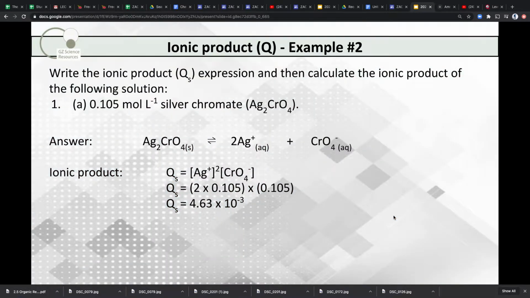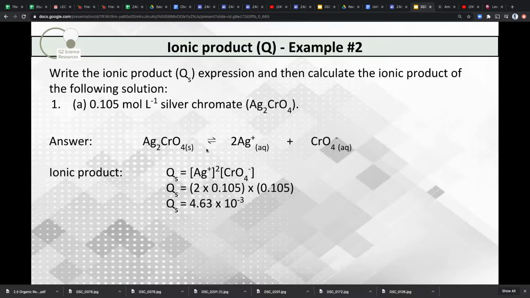Here's another problem. This isn't a 1-to-1 ratio problem. We have silver chromate, and we know the concentration of silver chromate, but we need to think about how the concentrations of the ions change compared to that of the ionic compound. If this is the concentration of the ionic compound, we have to think how many ions are formed. That's why I always recommend not trying to think about this in your head, because sometimes you'll make a mistake. Actually write out the equilibrium equation.